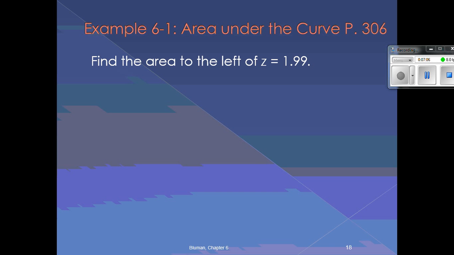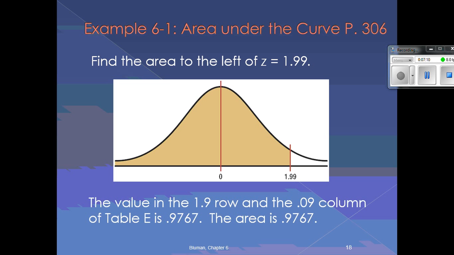That value is 0.9767. So row 1.9 and column 0.09. All of this area covers about 97.67% of all the values.